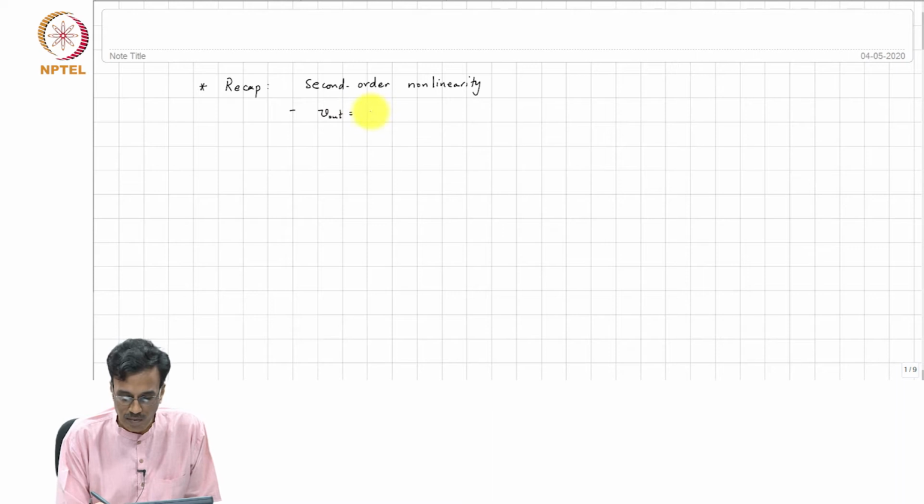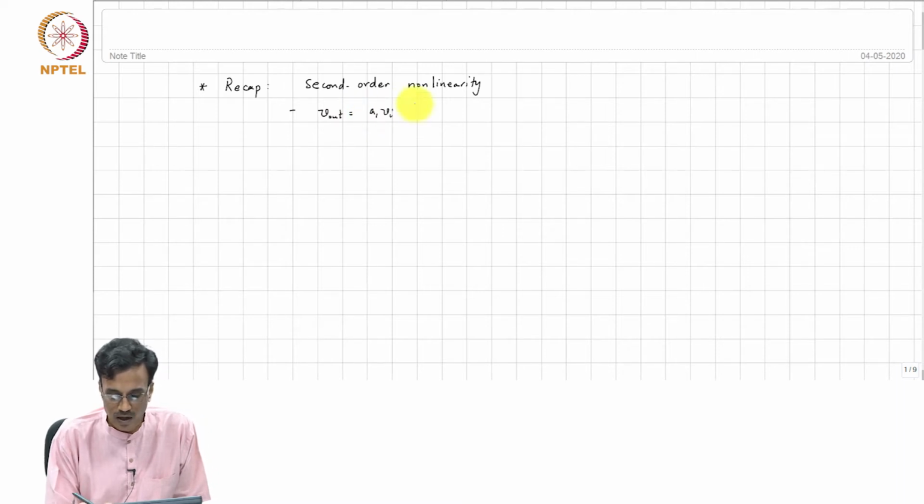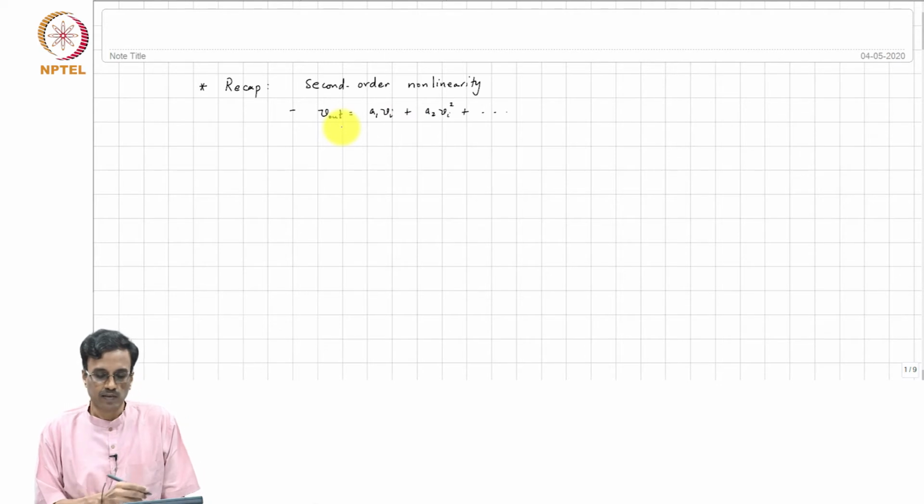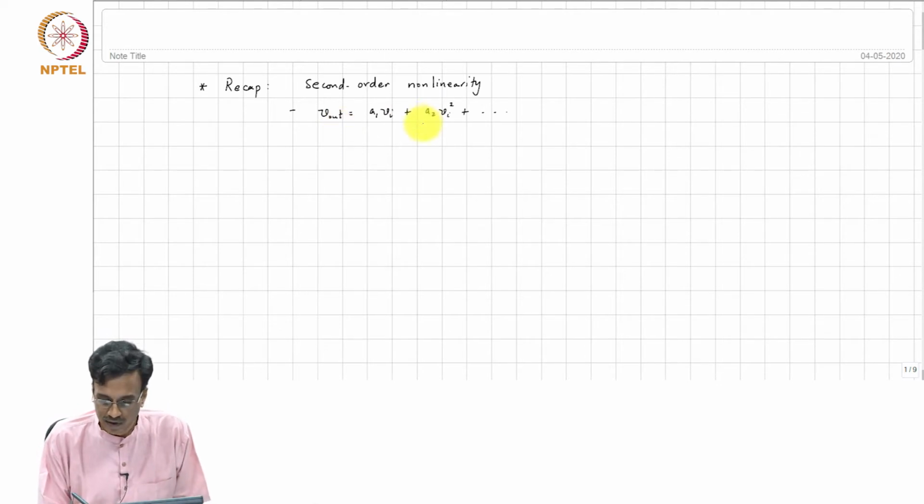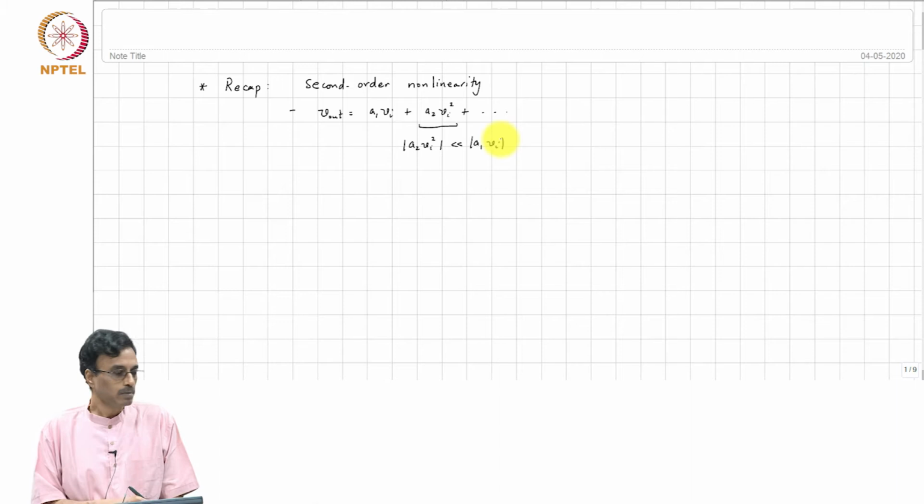So, V out is some A 1 V I plus A 2 V I square plus higher order terms. Yesterday we considered only the case of second order non-linearity, and when we said weakly nonlinear, it basically means that A 2 V I square in magnitude is much smaller than A 1 V I in magnitude, right.